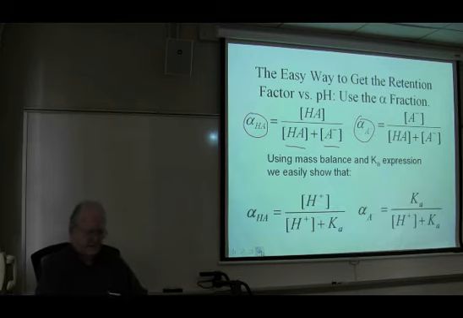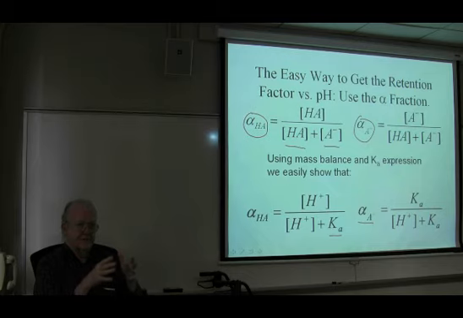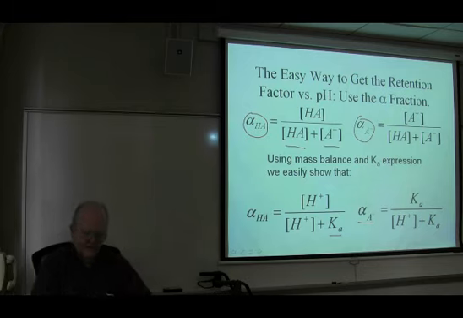But it's easy to show that the alpha HA is the hydrogen ion concentration over H plus the Ka, and the alpha A minus is 1 minus that, and that's going to be Ka over H plus Ka. And what we're going to do is calculate the average retention by weighting the retention factors of the two forms by the fraction that's in that form.